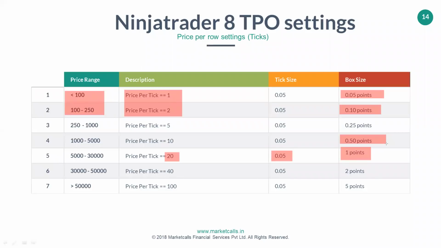So the settings which I provided here are optimal settings, which will help you read the profile chart with the maximum information, where most of the visual information can be easily gone through. It's pretty optimal to read where intraday players are entering.